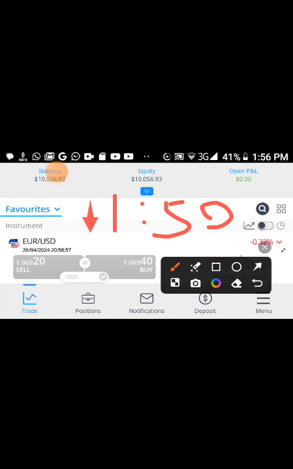All right, understand? Cool. So once you understand that, with a 1 to 50 leverage, if you have $100, then you could buy stocks that value $5,000, and if you have $10,000, you could buy stock that value over $500,000. Good. But there is some risk associated with it.